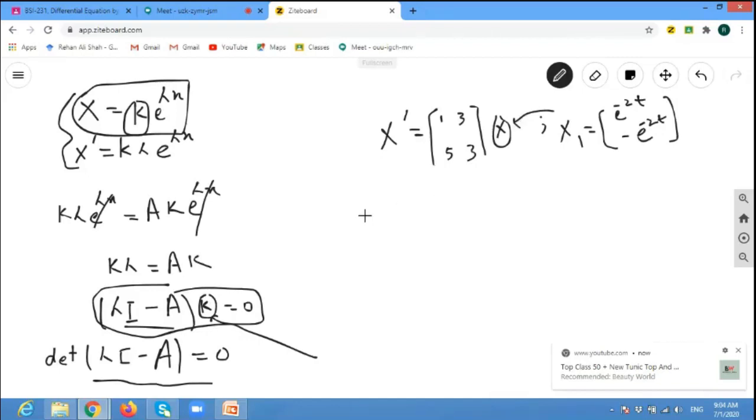Replace x by this x1. Let this be x1 dash. So x1 dash will become what? This will become the matrix 1 3, 5 3, times the column vector e power minus 2t and minus e power minus 2t.